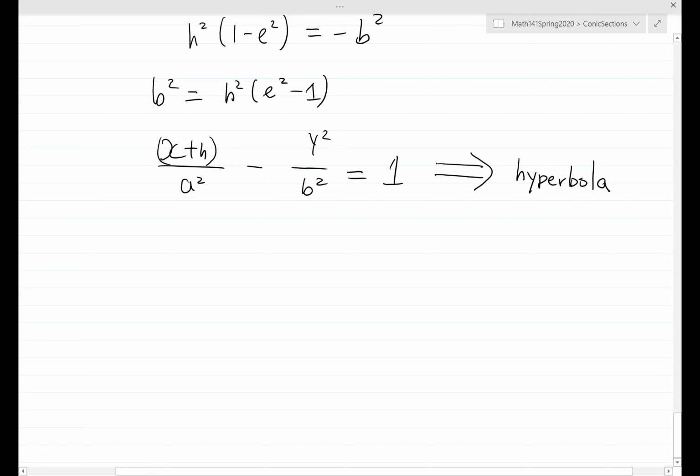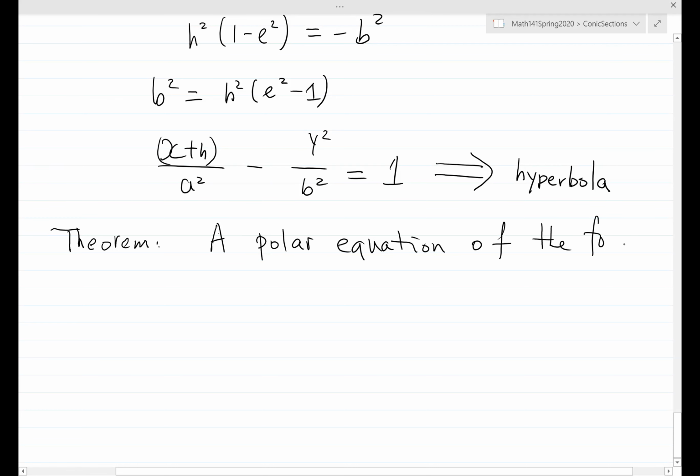Then according to what we just did, we can write its polar equation as this form: a polar equation of the form r equals ed over 1 plus e cosine theta.